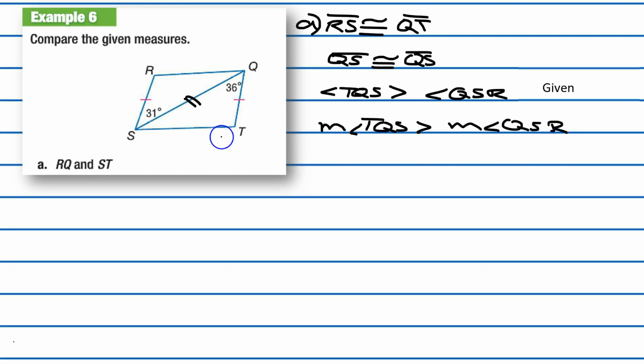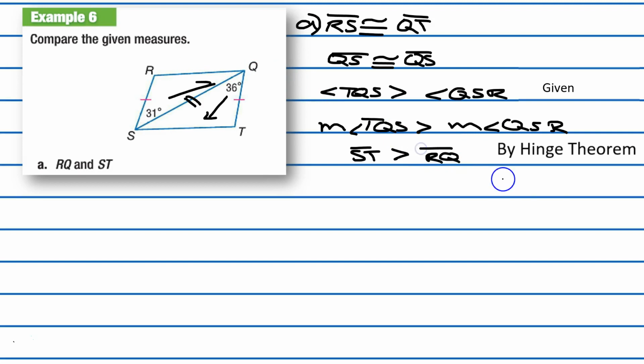Well, with that information, remember the ones directly across from it. So here, I know that ST must be greater than RQ. That's the first part. So I know this one's greater.